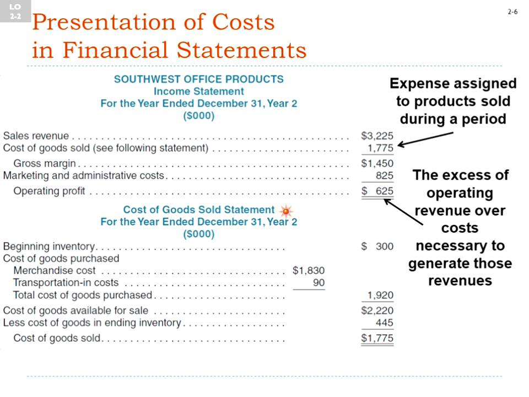So again, for this slide, Southwest Office Products, we're talking about a retail company that sells office supplies such as paper products and computer accessories. And so shown here is the income statement as well as the cost of goods sold statement.